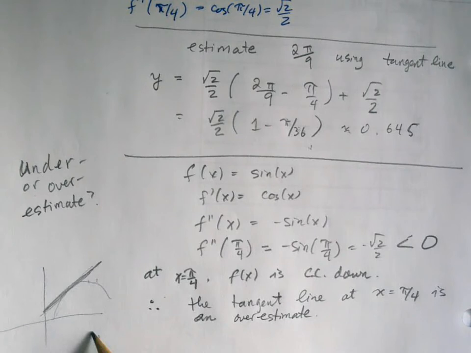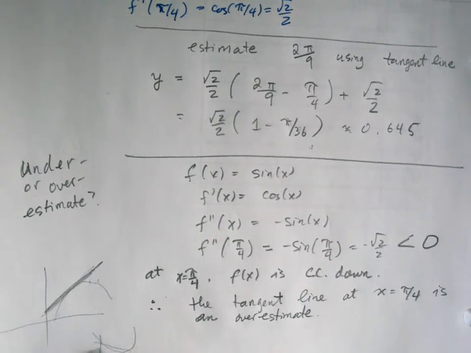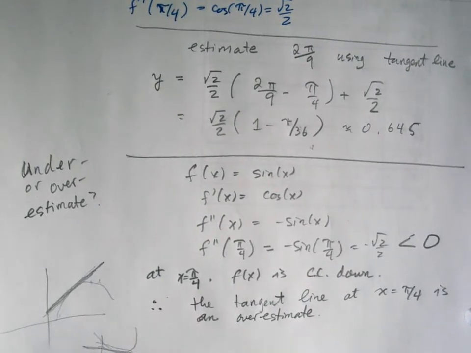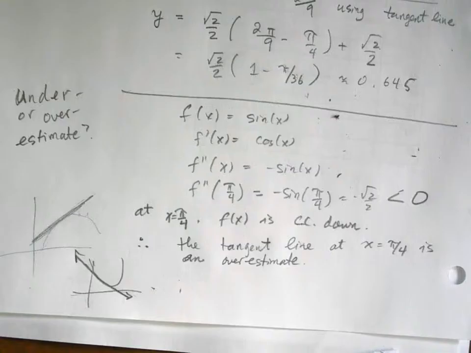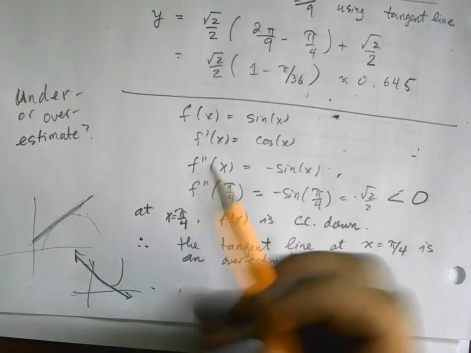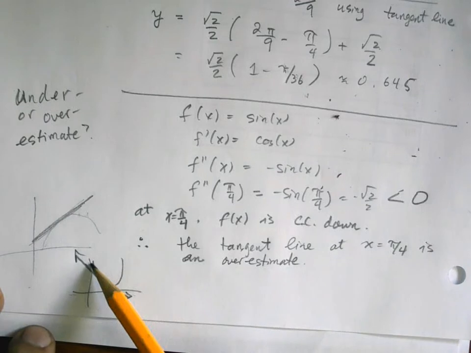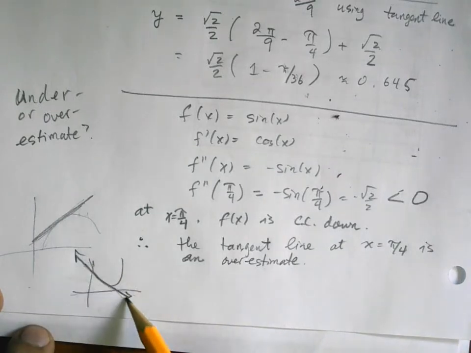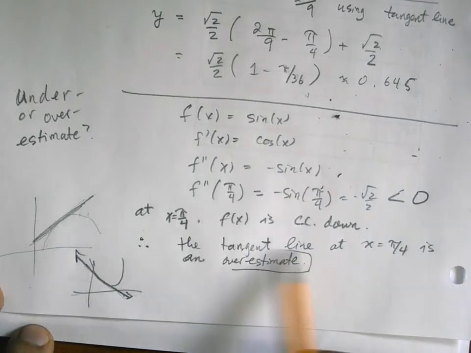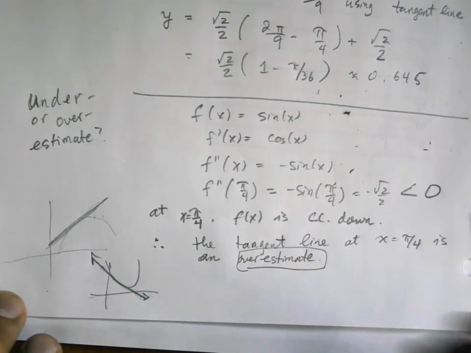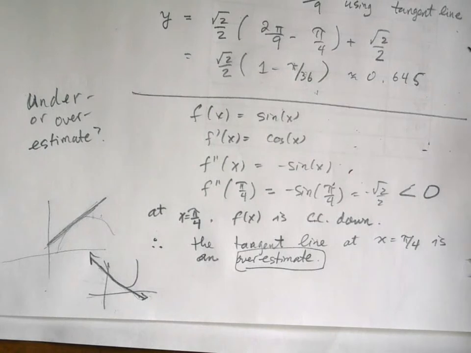If it was concave up, then the tangent line cuts through underneath like this, so the tangent line would be an underestimate. So there you have it, an estimate to the question: what is the sine of 2 pi over 9?